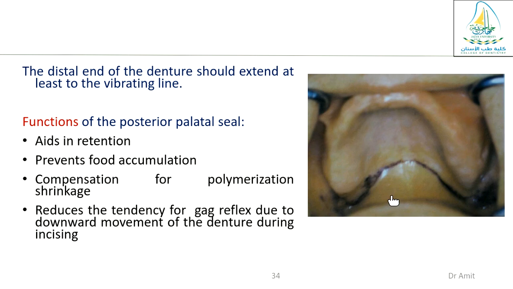So if it shrinks away from the tissues, there will be a gap here. So if we record this area in a depressed state, it will compensate for that. Whatever shrinkage is going to happen later on, it will compensate for that also. And it will also reduce the tendency to gag. Okay, so there will be no gagging if we don't extend our denture beyond this point.